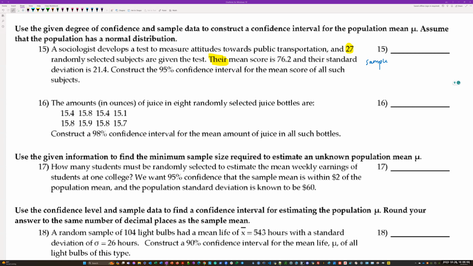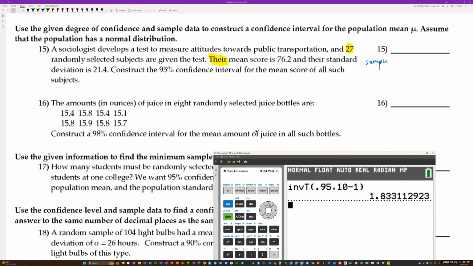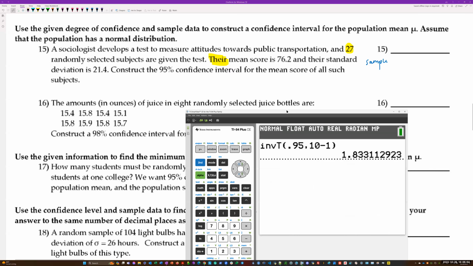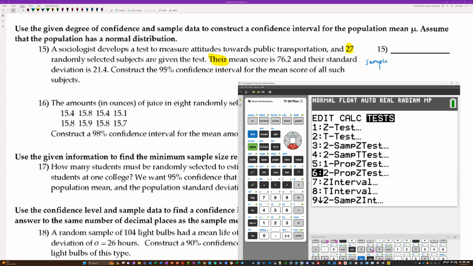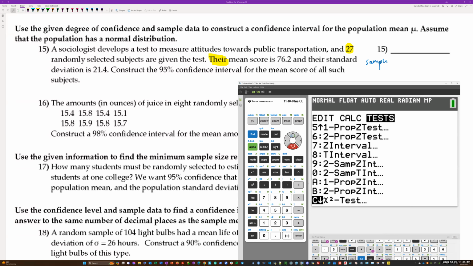Okay. So again, all you do is go in here, go down to these intervals. Which one do we have to pick? I haven't even told you which one to do. Are we doing proportions?